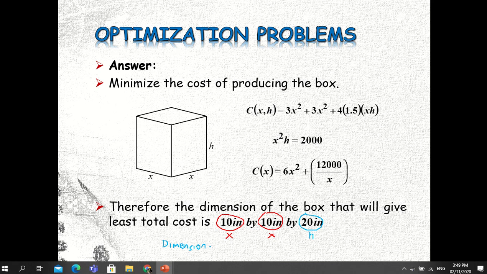So dimension is like 10 by 10 by 20. Okay, so to check if your answer is correct, the product of this should be the given volume, or equal to the volume that the box needs to accommodate. 10 by 10, 100 times 20, that is 2000.